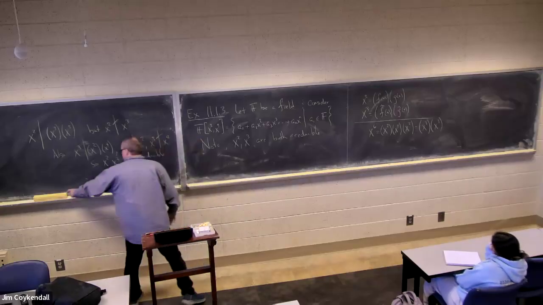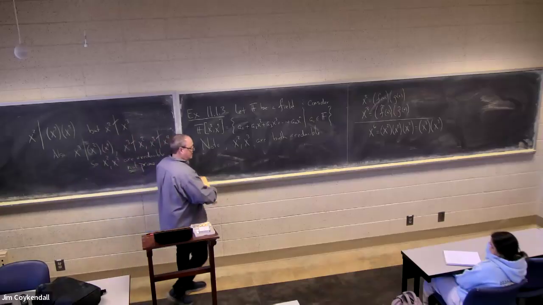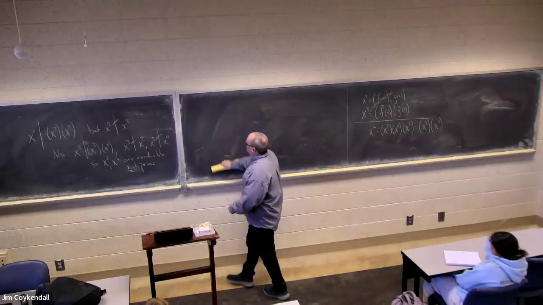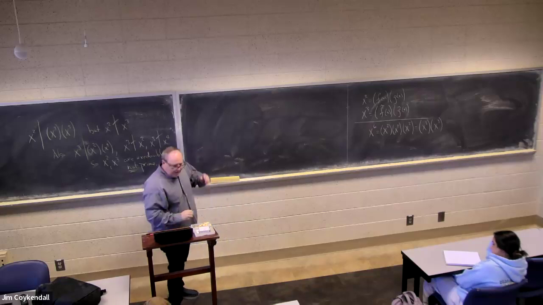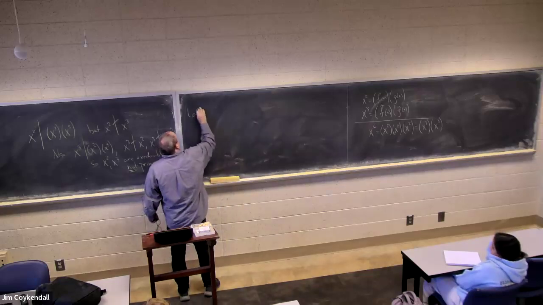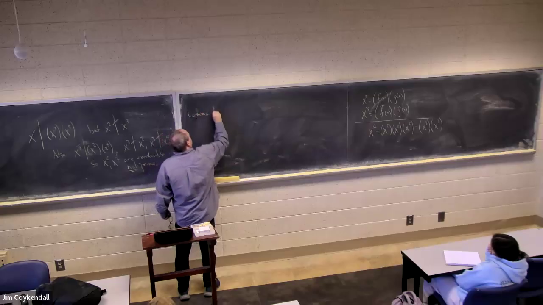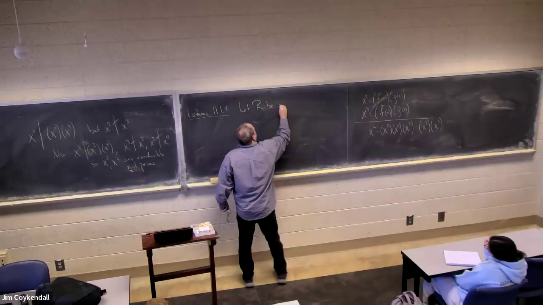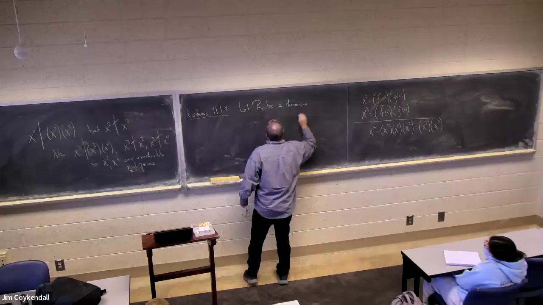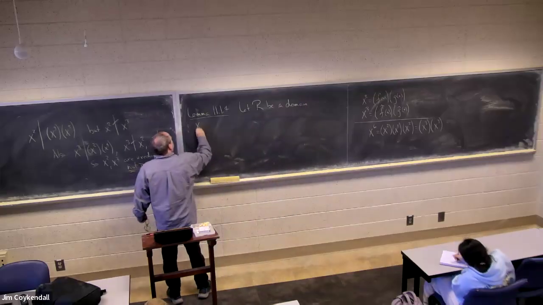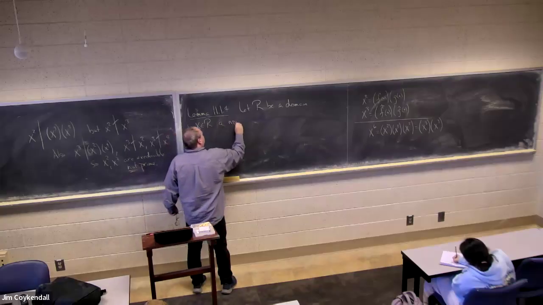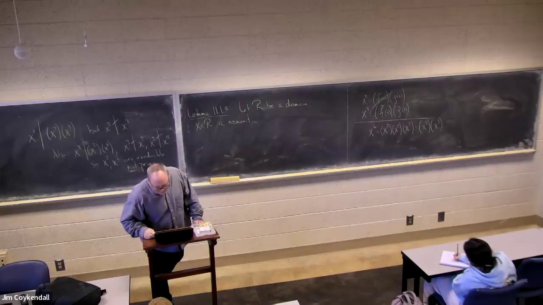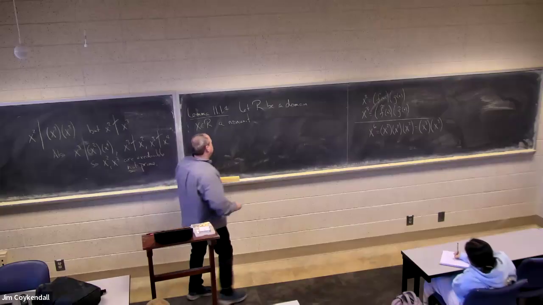Okay, so let me give you the following lemma. Let R be an integral domain and x a non-unit. Then x is prime if and only if the ideal generated by x is a prime ideal.